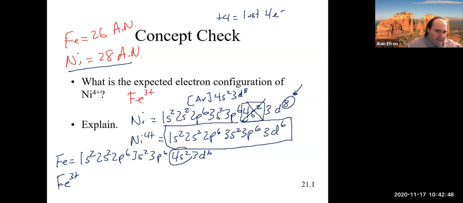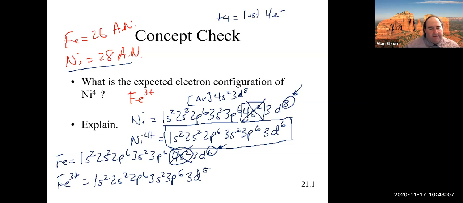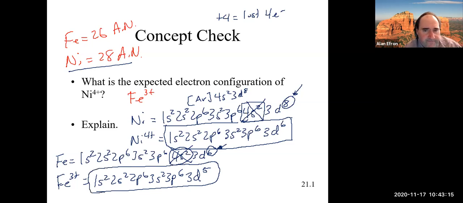The first 2 electrons will again be our s's, and then we still need one more, so we're going to delve into the 3d. That will give us 1s2, 2s2, 2p6, 3s2, 3p6, and 3d5 in this particular case. Any questions on how to write electron configurations for transition metals with charges?